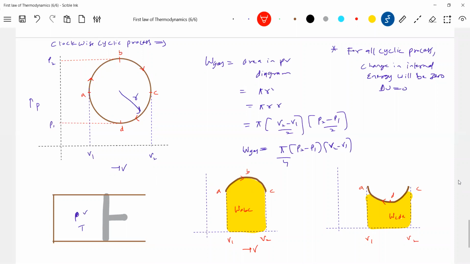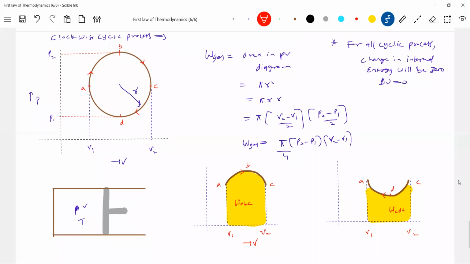Which will have more magnitude? ABC is having more magnitude. You can see now, WABC. I'm talking about magnitude first. For CDA, which will be positive and which will be negative? WABC is positive. WCDA is negative. Any reason for that?